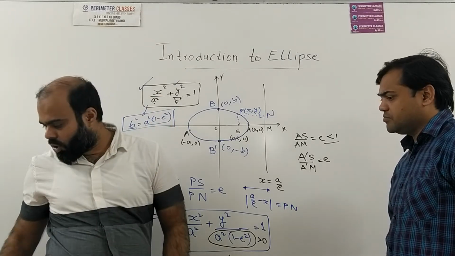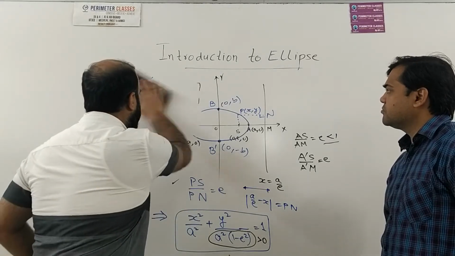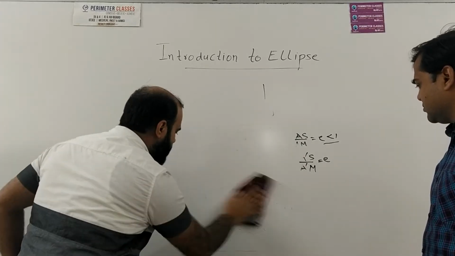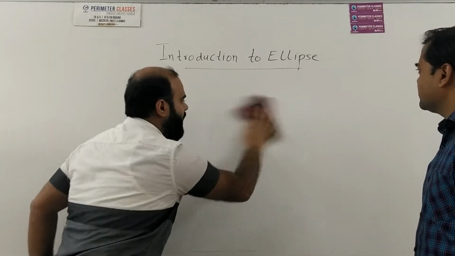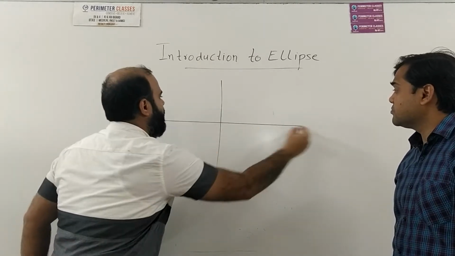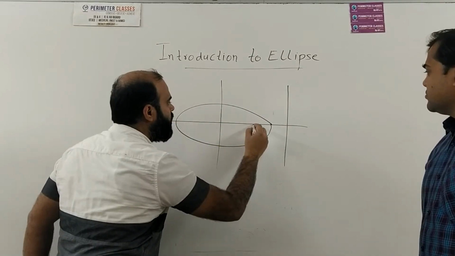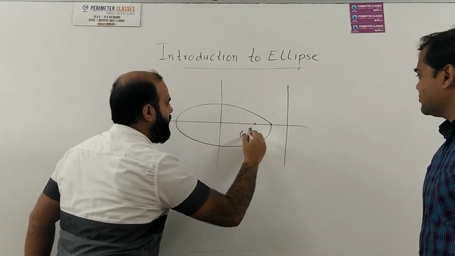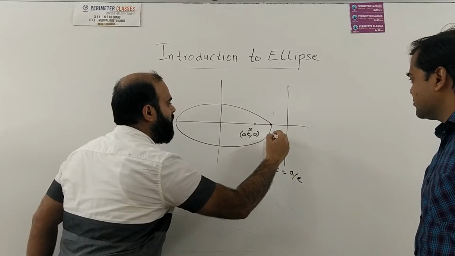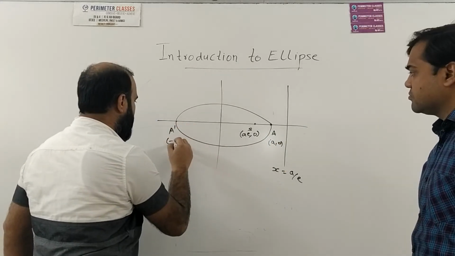Further, what you have to keep in mind, because the graph of the ellipse is a symmetrical graph, is this: after we draw the graph of the ellipse like this and do the derivation, we come across that this is the focus, this is the directrix, and this is a vertex, and this is also a vertex.